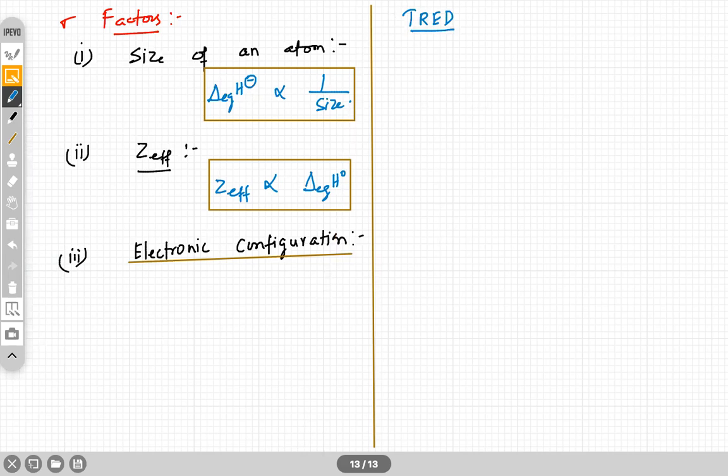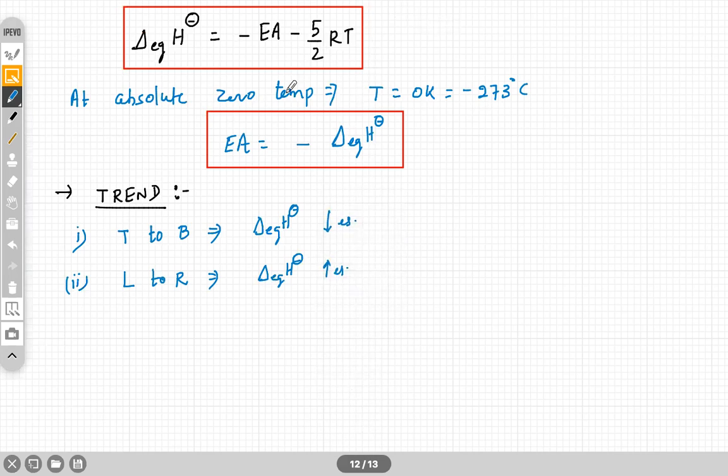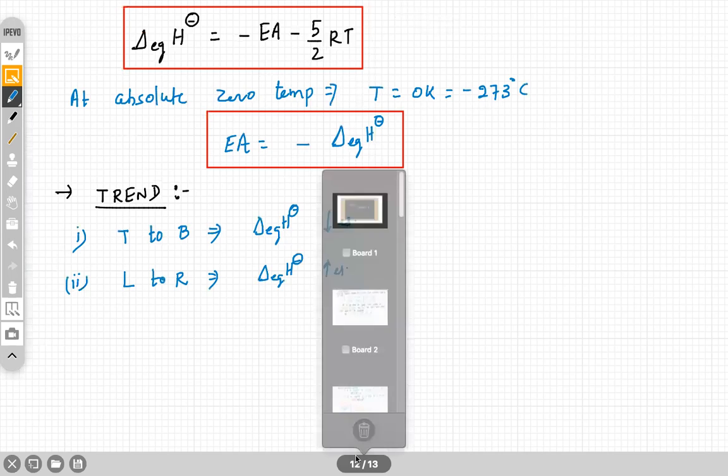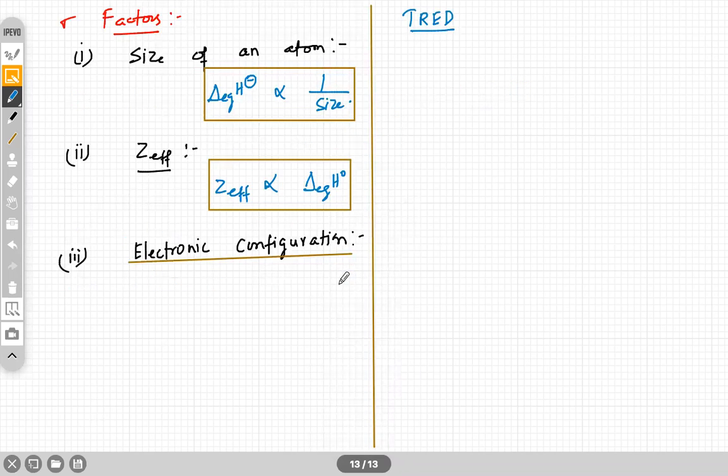Trend I have given you already. Okay, write down exceptions.